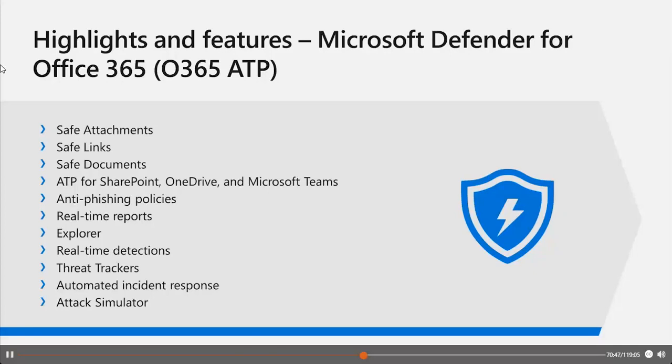Safe links proactively protects your users from malicious URLs in messages or in Office documents. The protection remains every time they select the link, as malicious links are dynamically blocked while good links can be accessed.